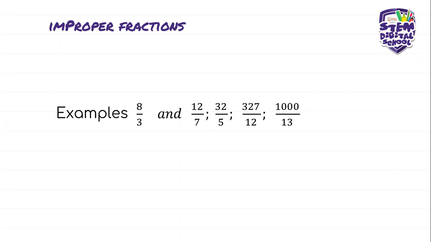You can have the denominator being smaller than the numerator. For example, we've got 8/3, 12/7, and then 32/5. And of course, 327/12, 1000/13. Those are the key examples of improper fractions.